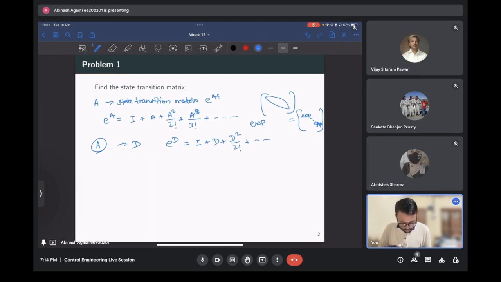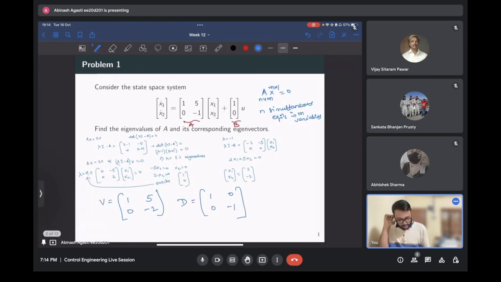So e to the power A, we know A is equal to V D V inverse, right? Or D is equal to V inverse A V, where D and V are these matrices.